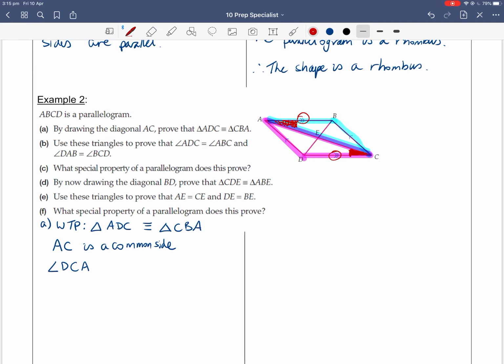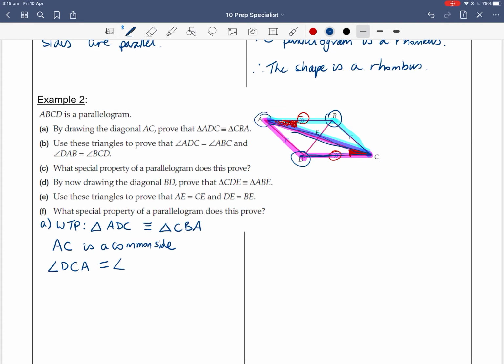So angle DCA is equal, whoops, wrong color pen, is equal to angle, right, now we have to match up the vertices. Okay, let's think about it. DCA, right, so if you redraw the triangles, D matches up to B, right?